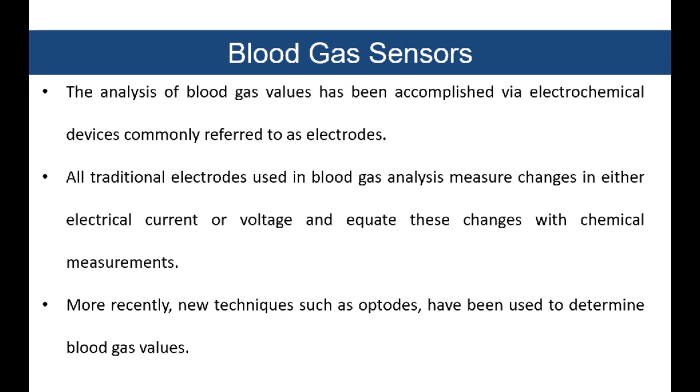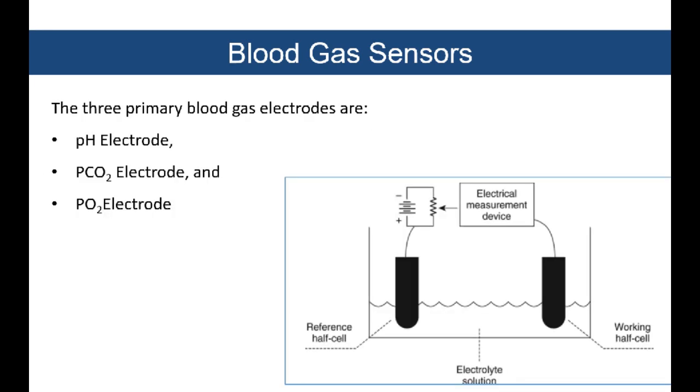Moreover, recently new techniques have been adopted, such as optodes, which are used to determine blood gas values, and these are very accurate compared to the traditional electrode methods used for the measurement of blood gas. There are a few primarily used blood gas electrodes.